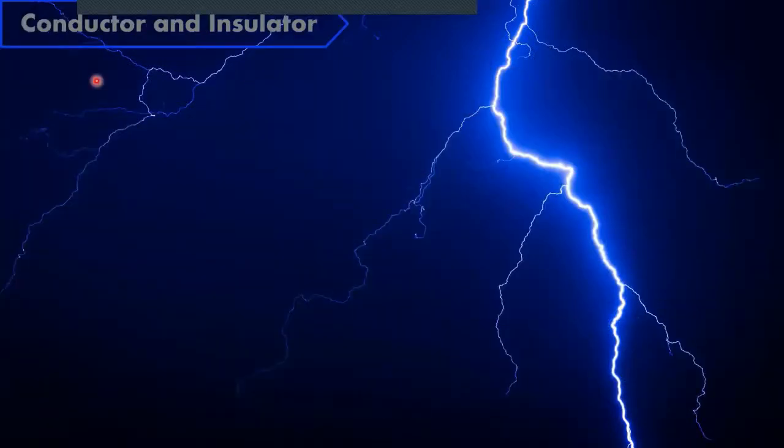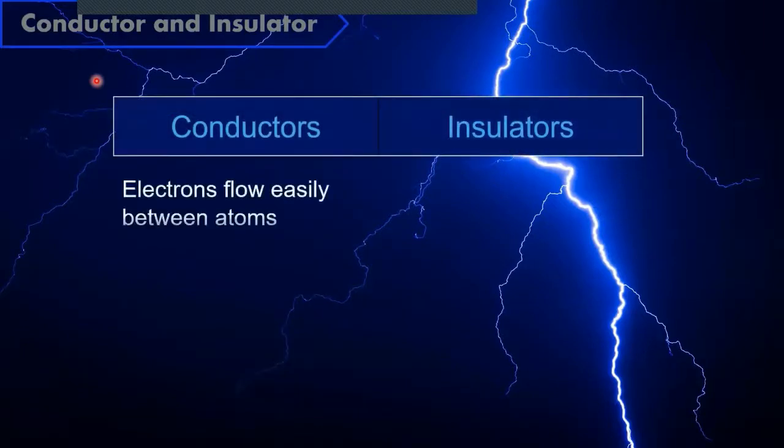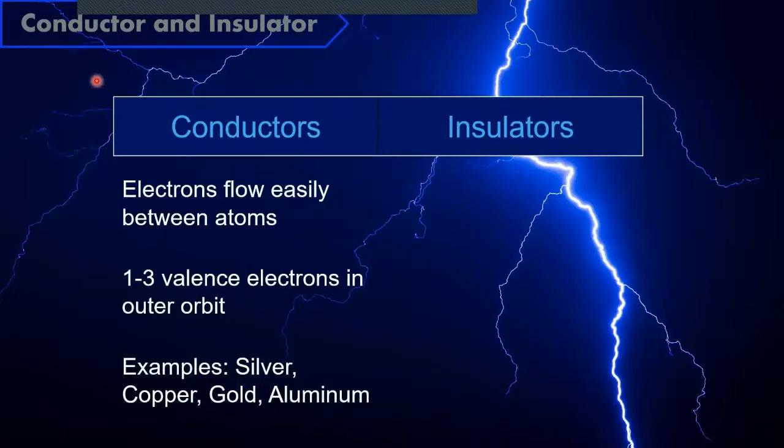We are down to the last subtopic, which is about conductors and insulators. In conductors, electrons flow easily between atoms, and they have 1 to 3 valence electrons in the outer orbit. To identify if an element is a conductor, we just check the value of its valence electrons. Examples of conductors are silver, copper, gold, and aluminum.